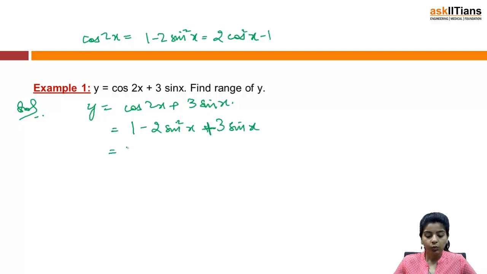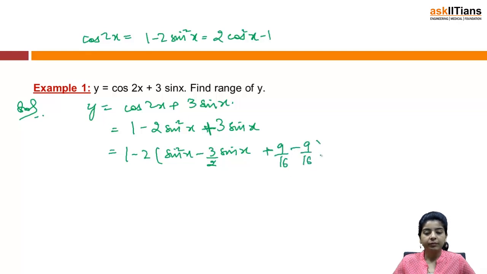So this is equal to 1 minus 2 sin square x minus 3 by 2 sin x. If I have taken out minus 2 common, so I am left with sin square x minus 3 by 2. You can see it becomes plus 3 sin x. Now I try to make it a perfect square, so I will have to add and subtract 9 by 16. That is half square of half of this term, right?